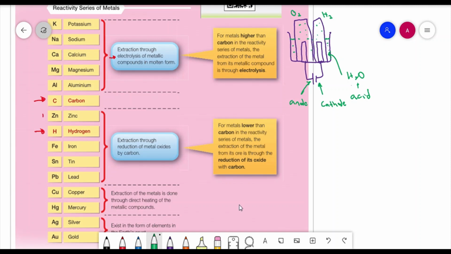For metals below than carbon, zinc, iron, tin, and lead can be extracted through reduction of metal oxide by carbon. For example, tin oxide can be reduced by carbon, to form tin metal and carbon dioxide.